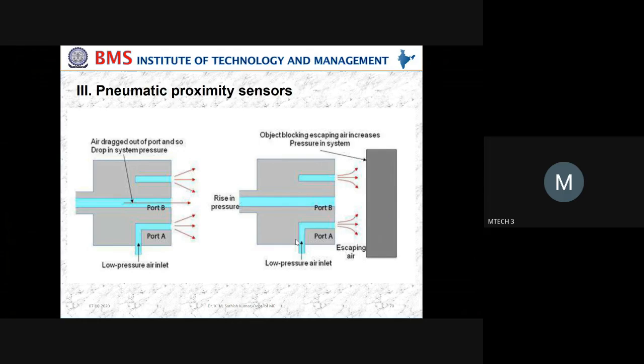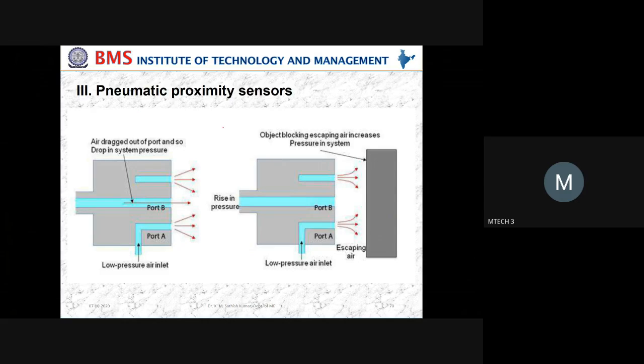Same case. But here, the distance measured is going to be lesser. For detecting smaller distances, we are going to use the pneumatic proximity sensor.